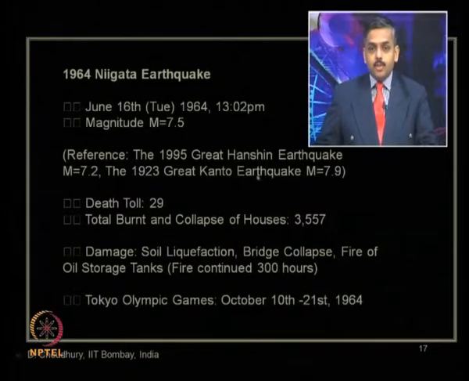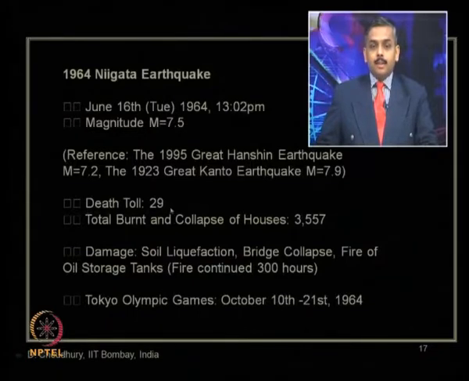From these two, this Niigata earthquake also can be correlated, and it was studied by several seismologists, geologists, structural earthquake engineers, and geotechnical earthquake engineers to study the behavior of various structures after the Niigata earthquake.